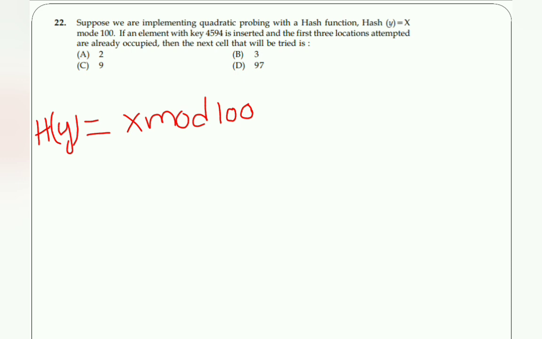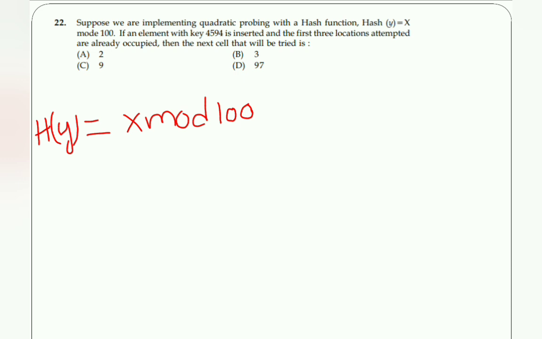So here we are applying quadratic probing for the hash function h(x) = x mod 100. Whatever value you want to enter into the memory, we have to take that value and perform the mod operation with 100, and then it is placed in the memory location.